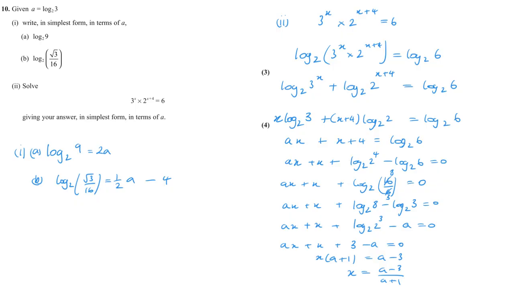I think that's pretty much it. I could have, again, like I said, done it slightly differently. There's a lot of ways in which you can manipulate logs and powers, but this is how I did it, with a little pivot in the middle. So that's the end of the October 2022 questions.